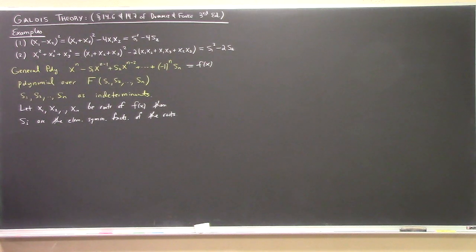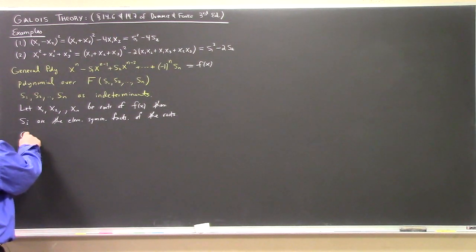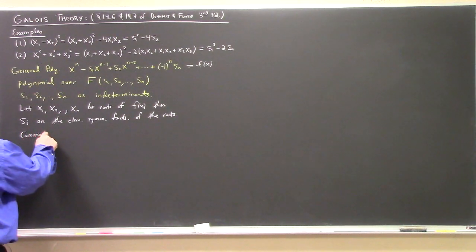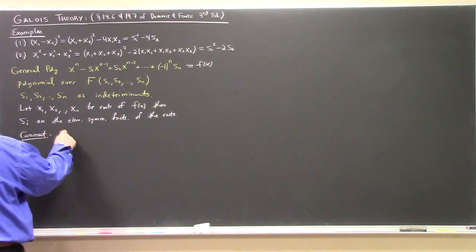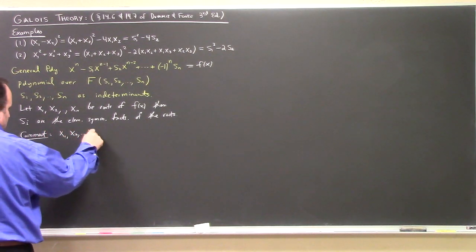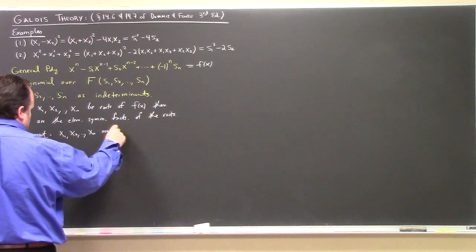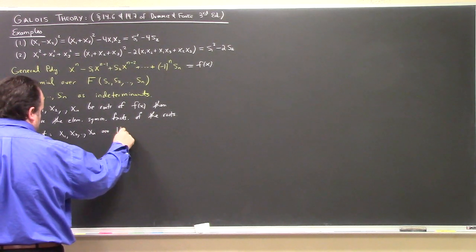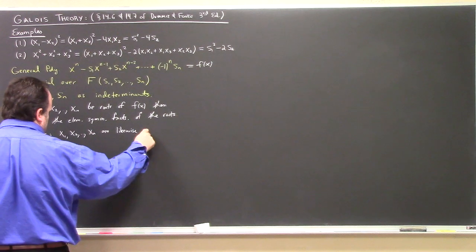So let's see here. What he says is, moreover, these roots are indeterminates as well, in the sense that there are no polynomial relations between them. So this comment: x1, x2, through xn are likewise indeterminates.